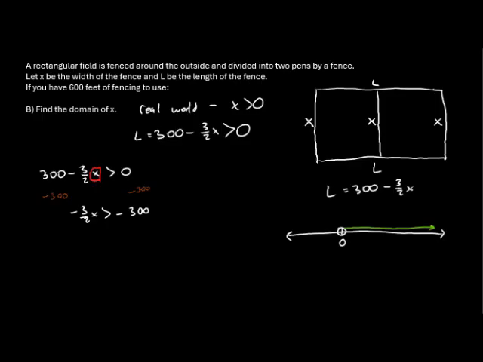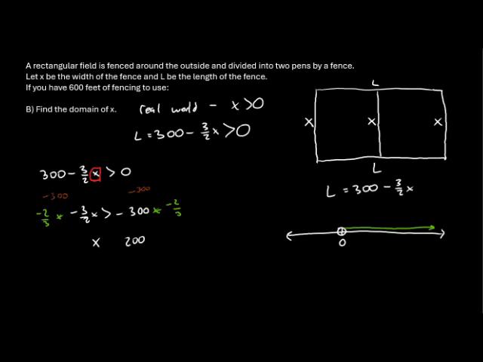Now to get x by itself, we'll multiply by the reciprocal of the fraction next to x. The reciprocal of negative 3 halves is negative 2/3. If we make that multiplication, on the left we'll have only x remaining. On the right, if we take negative 300 times negative 2/3, we'll end up with positive 200.